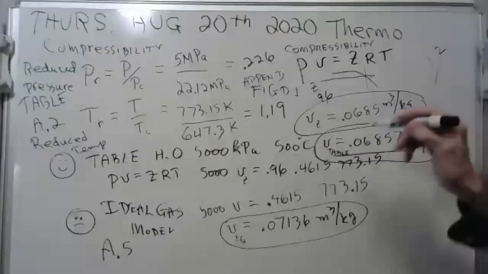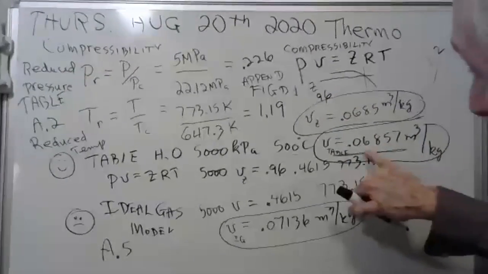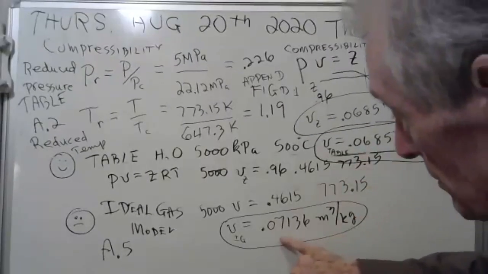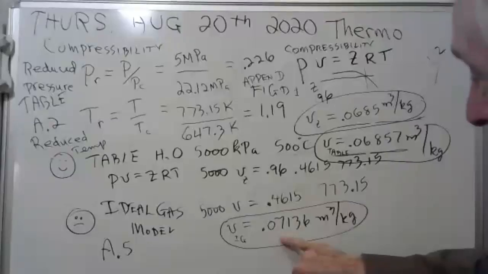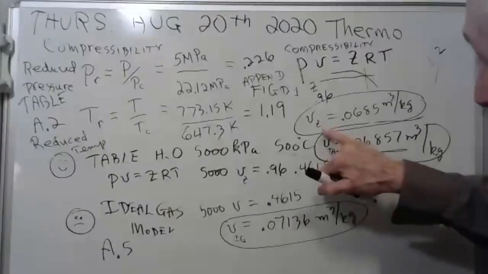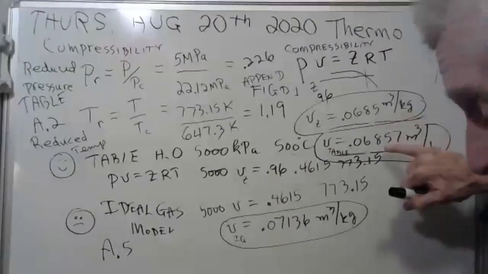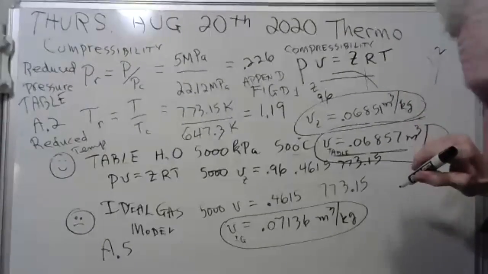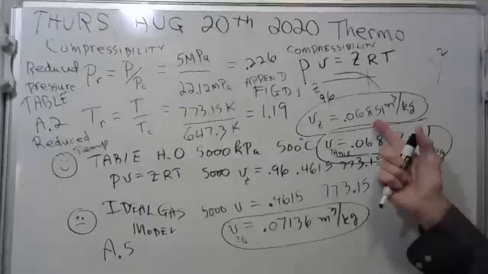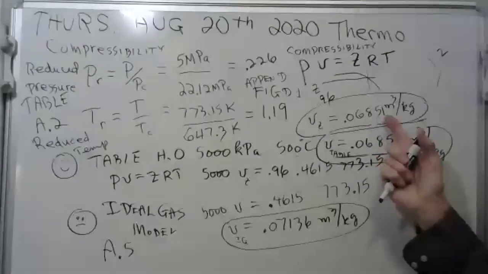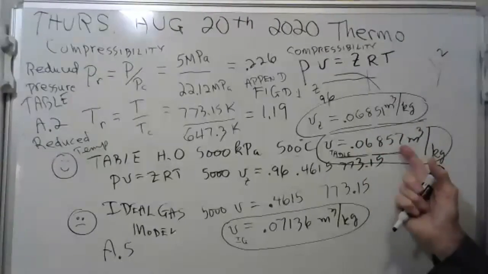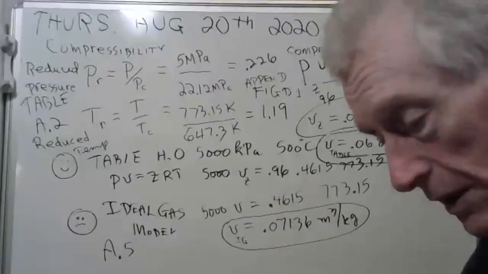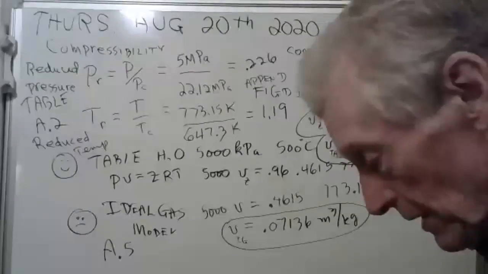We did this three different ways. Of course, the table is the best way. The ideal gas law is a little bit off, but not terrible. But look at the compressibility. It's pretty dang close. Actually, there's a 1 right here if you round off. Hey, look at that: 0.06851, 0.06857. I think the compressibility gave us a slightly better answer than the ideal gas law.